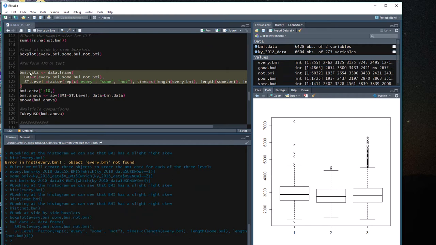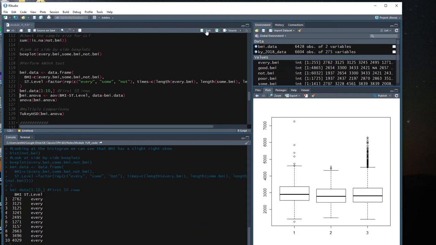So I've created the BMI.data data set. Now this line of code is just going to look at the first 10 rows. If we run this, here's the first 10 rows. In the first column, these are all the different BMIs. By placing these in order, it's put all of the every BMIs, then all of the some BMIs, and then all of the not BMIs.